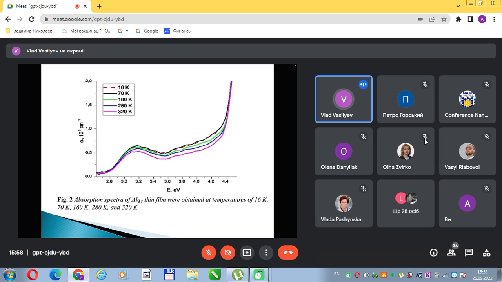Above 190 Kelvin, the photoluminescence efficiency began to decrease independently from the excitation level, which was explained by the thermally activated detrapping of excitons and subsequent migration to non-radiative centers outside the traps.